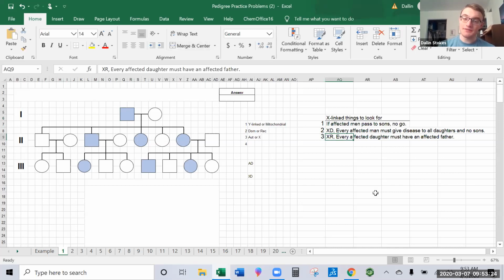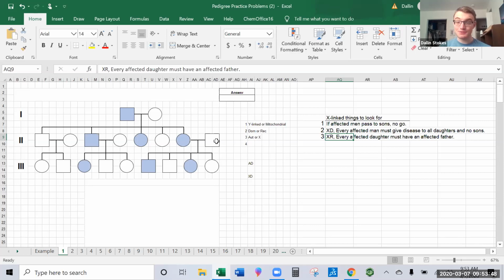And X-linked recessive, every affected daughter must have an affected father. And in this case, there's an affected daughter without an affected father. So if any of those 3 rules are violated, it can't be X-linked. And in this case, we happen to violate all 3 of them.